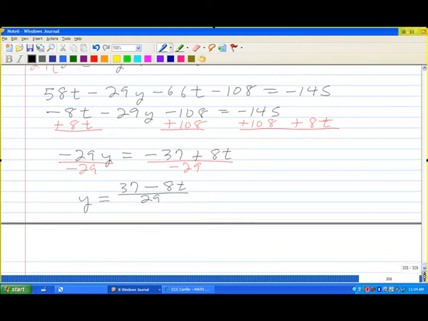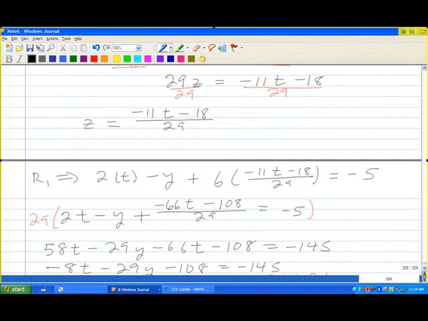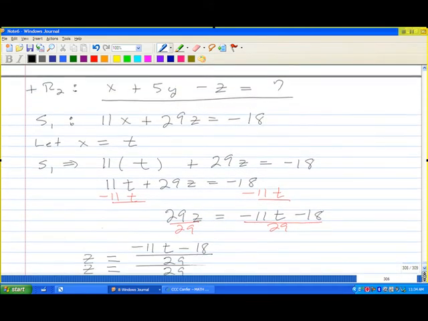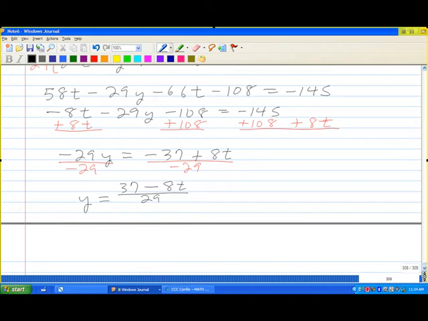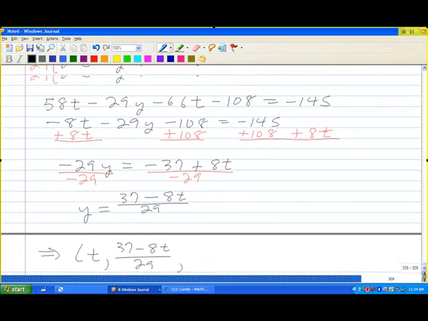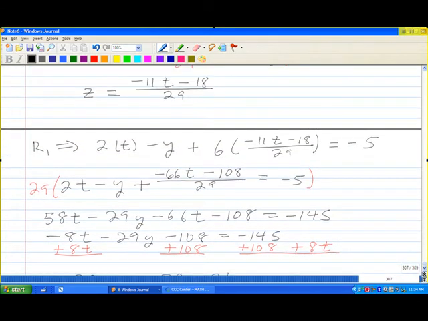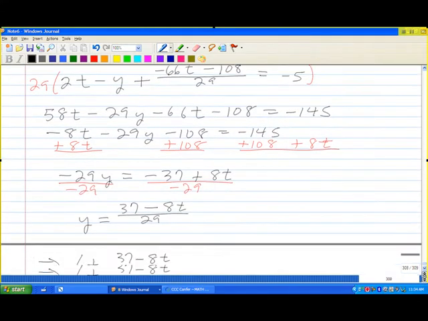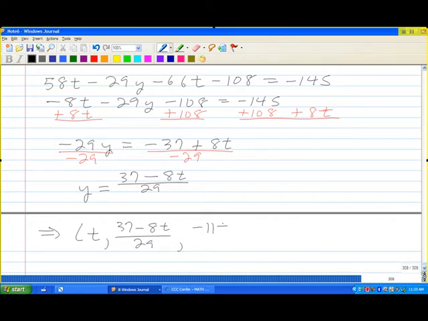Therefore, my solution is x, which is t; y, which is 37 minus 8t over 29; and z, which is negative 11t minus 18 over 29.